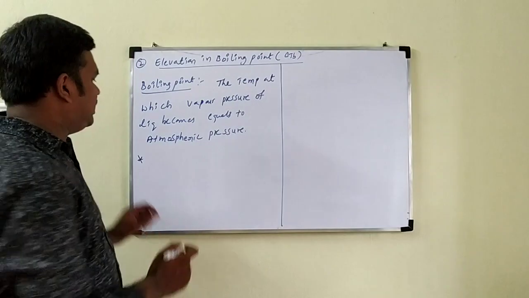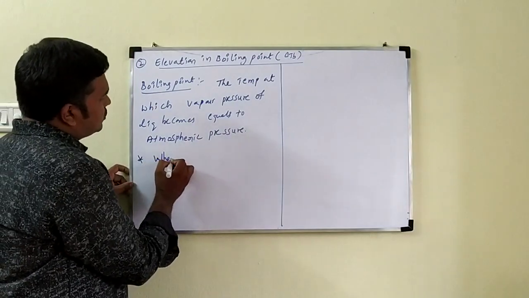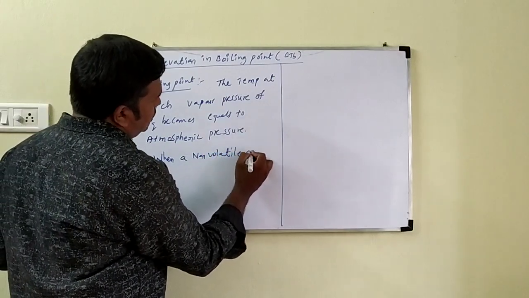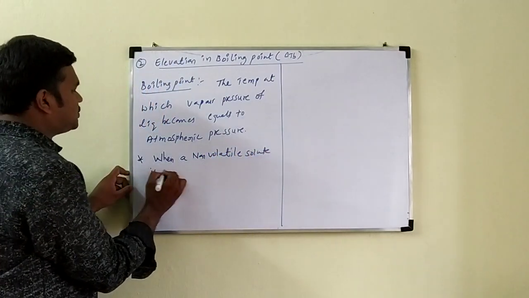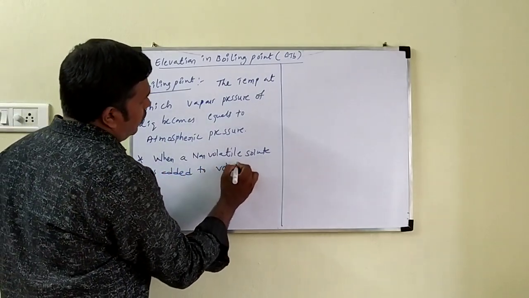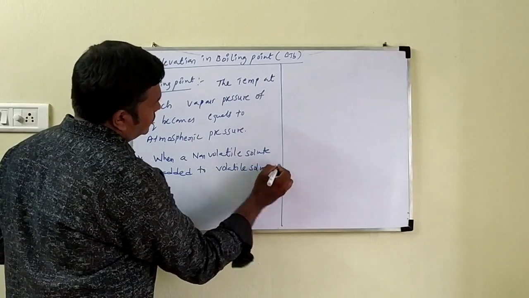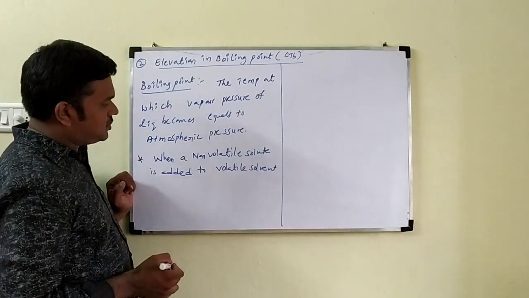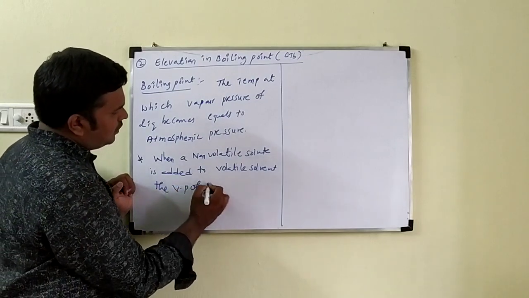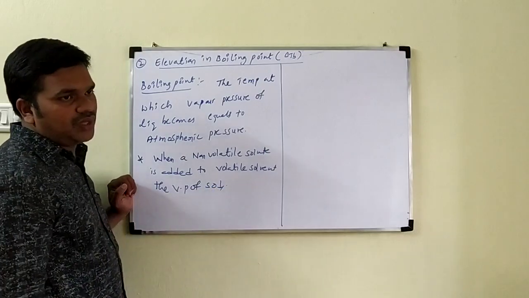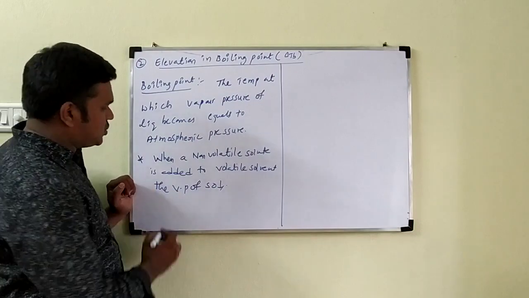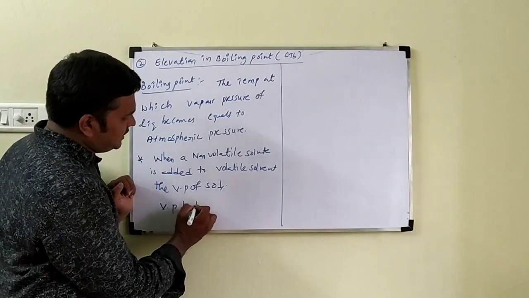So generally when a non-volatile solute is added to a volatile solvent, the vapor pressure of the solution decreases only. If the vapor pressure decreases, the boiling point increases only.